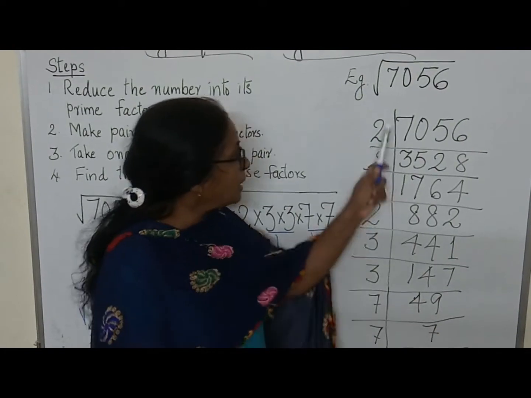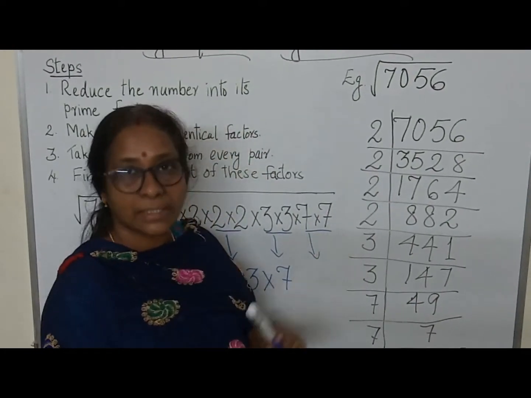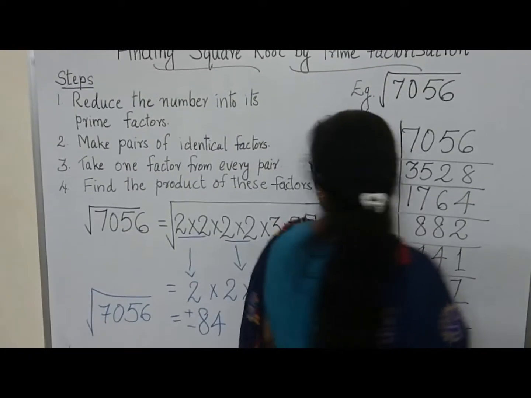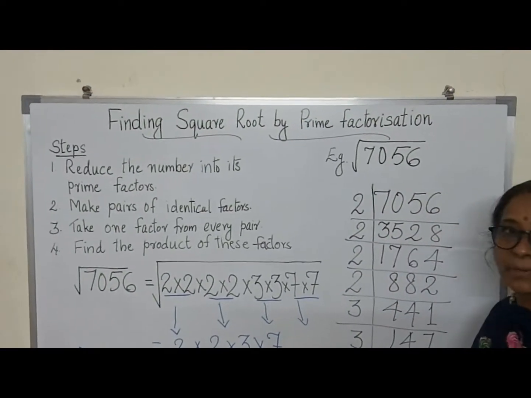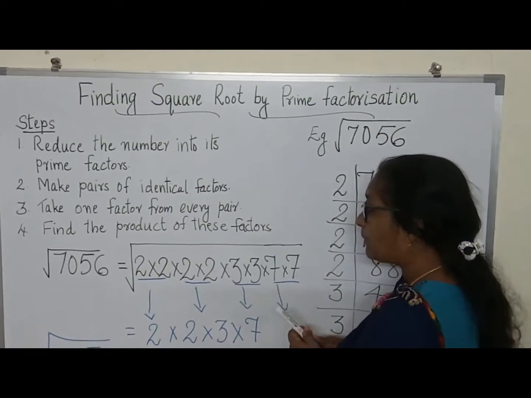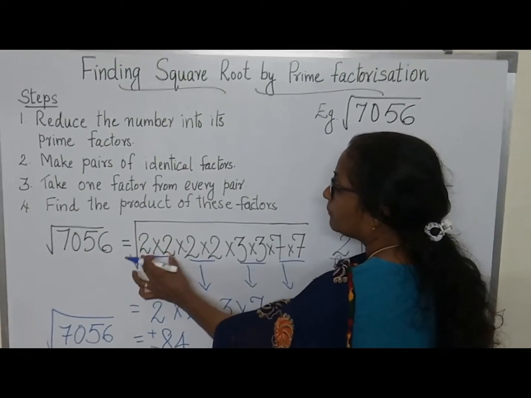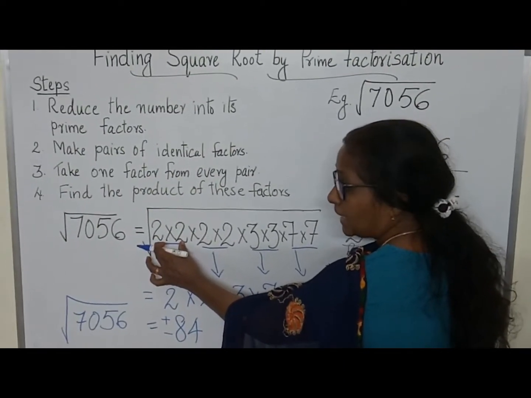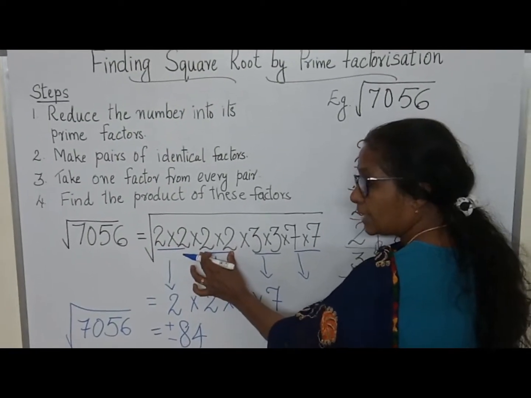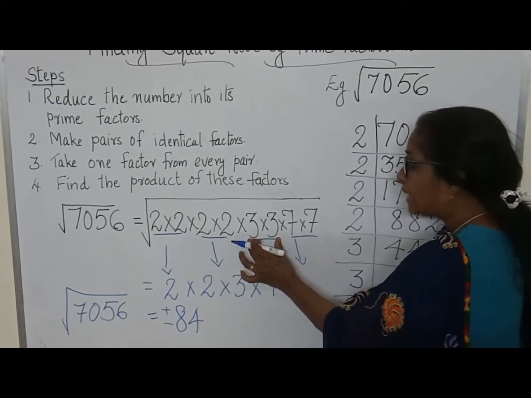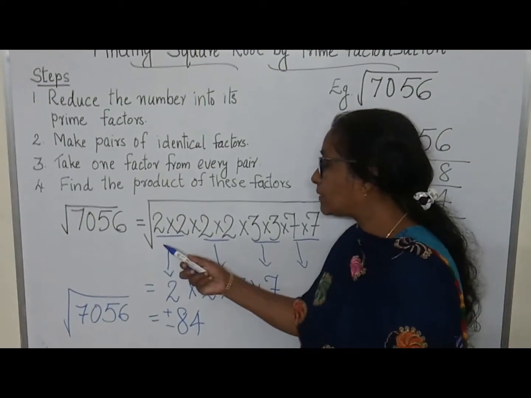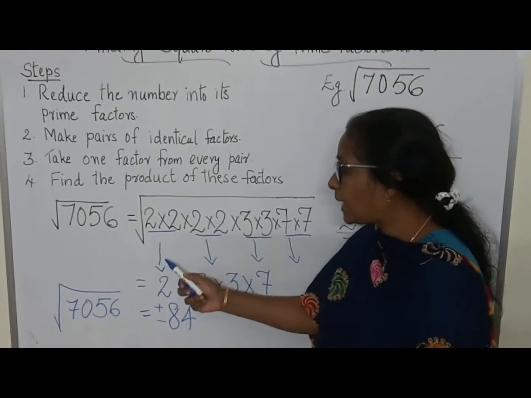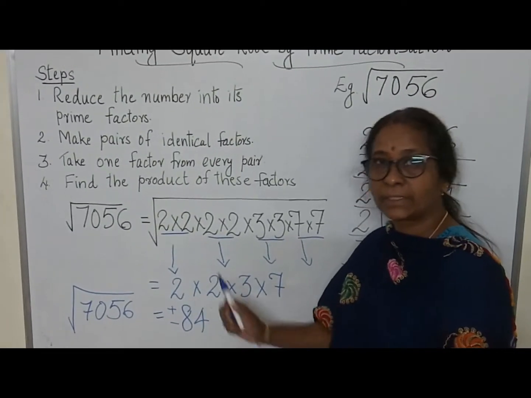Now write all these factors under the radical sign. See here, we wrote all the numbers under the radical sign first. Now make pairs: the first two identical numbers, the next two identical numbers, the next two identical factors, the next two identical factors. After making the pairs, from each pair you have to take one factor out.